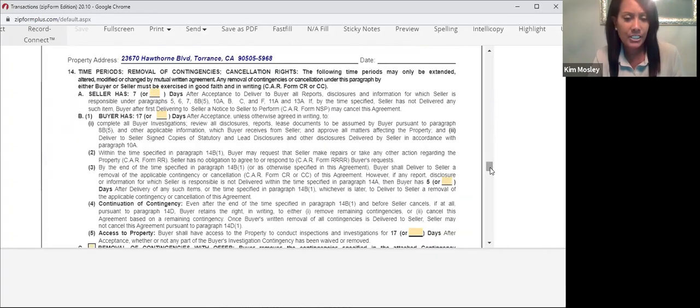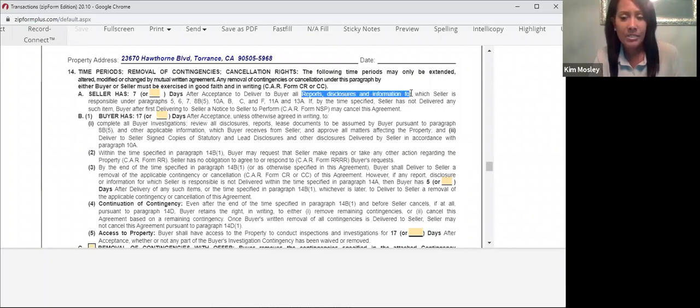Paragraph 14 has your time period. So if you're representing the seller, you want to make sure that you have everything done within your 7 days, right? Within 7 days is when the listing agent or seller should deliver to buyer all the reports, disclosures, and information, which is right here.